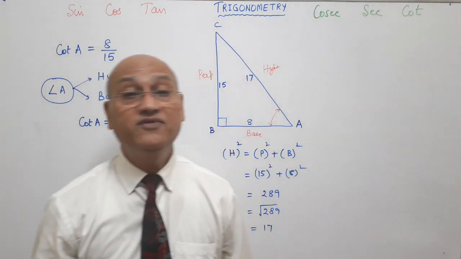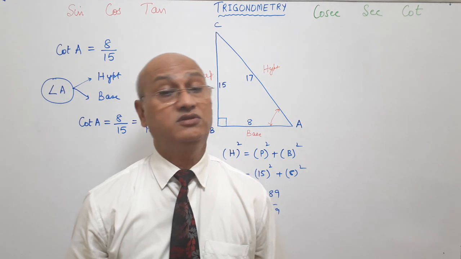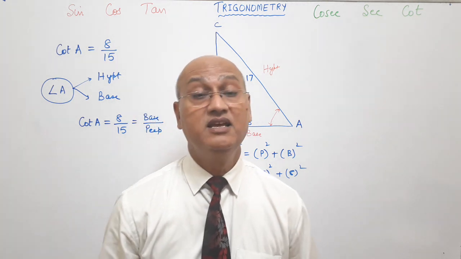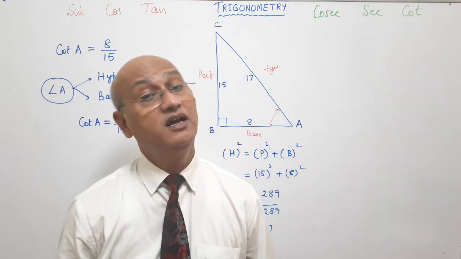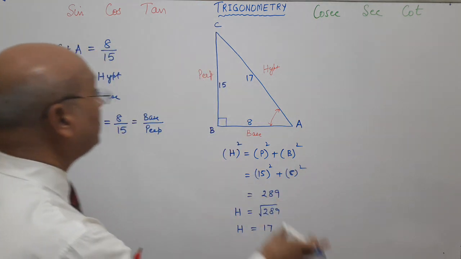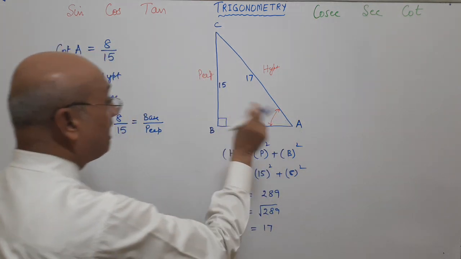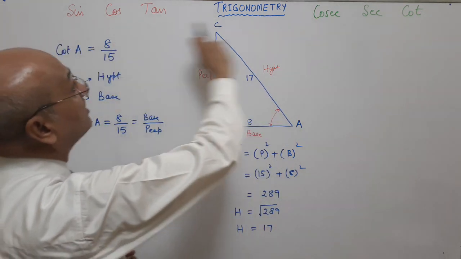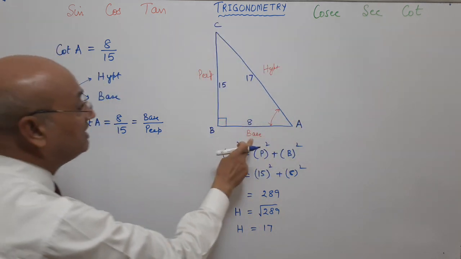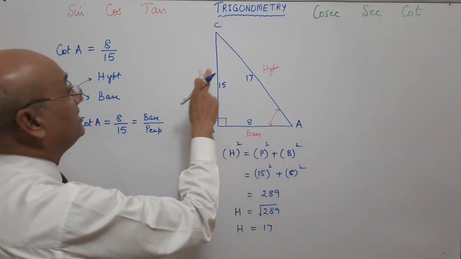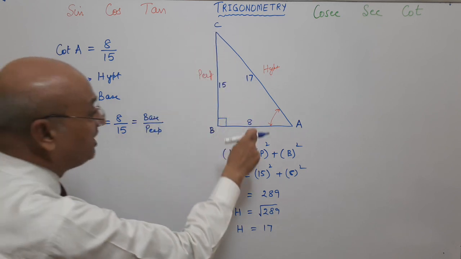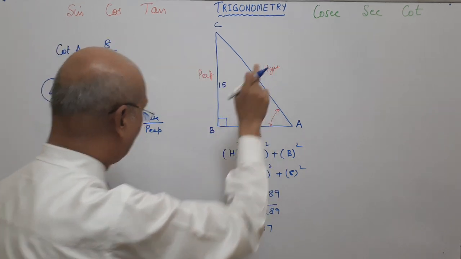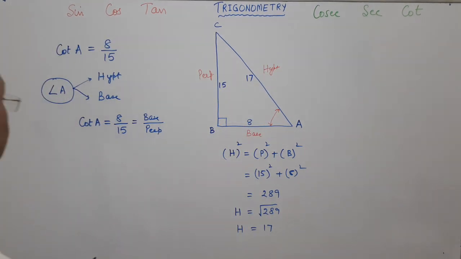Now we have calculated all the values of the three sides. Now we are capable of writing the ratios. Now if we are associating the angle A with all these trigonometric ratios, the criteria is: perpendicular is this, base is this, and hypotenuse is this. Now we are going to write the values.